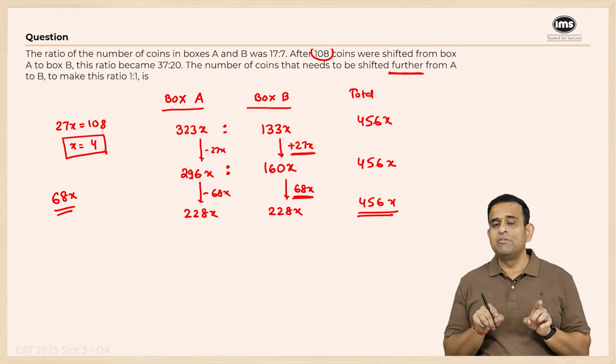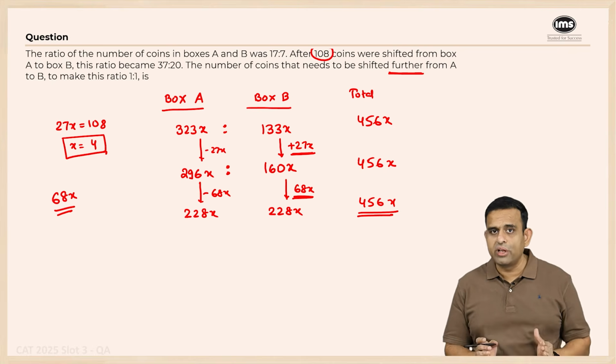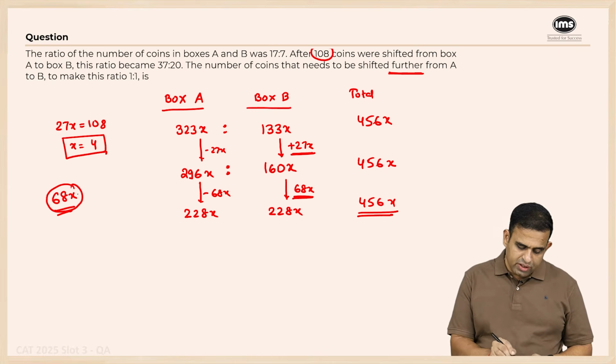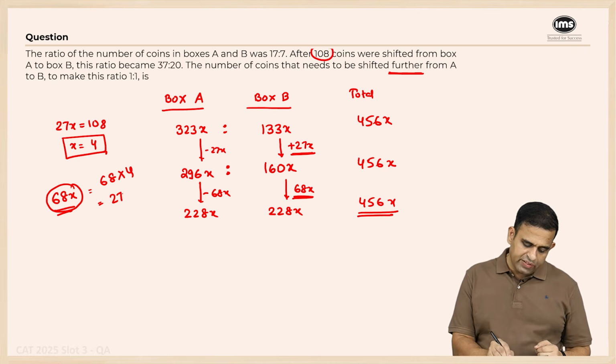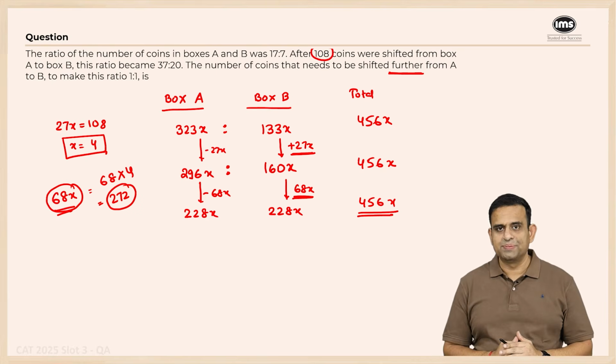The task is to find out the further change required from box A to box B so that the ratio becomes 1:1. This is the additional requirement. And if you put x as 4, 68 times 4 is 240 plus 32, leading to 272 as the answer. This is the answer for this question.